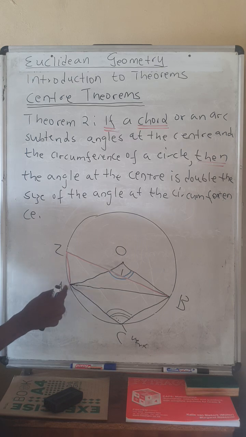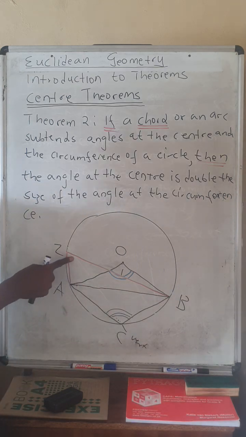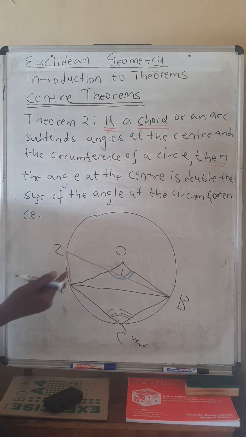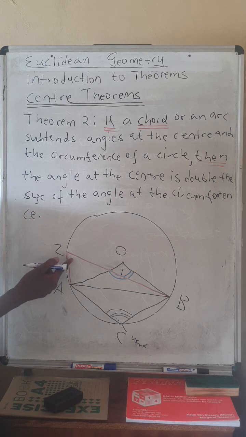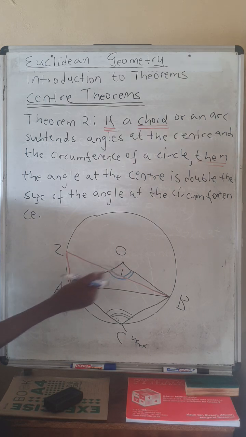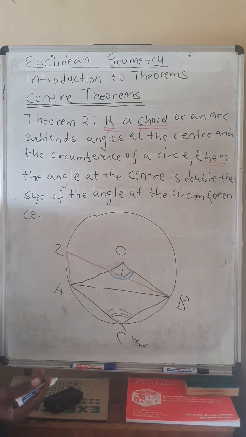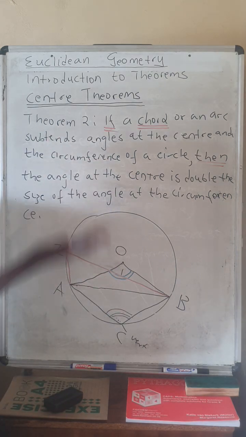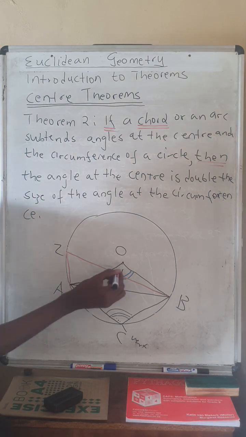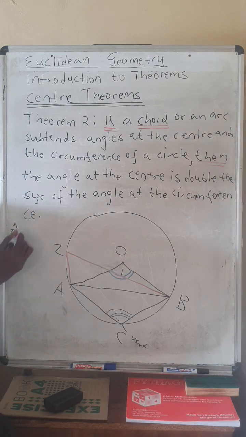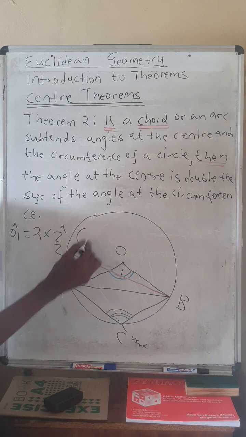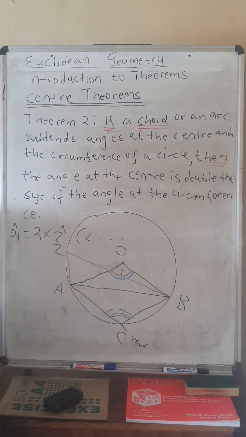The angle at the center is subtended by chord AB, and the same chord AB also subtends angle Z. So in this case, angle Z and angle O1 are being subtended by the same chord at the same side of the chord. They are both above the chord. So in this case, you can say angle O1 is 2 times angle Z. Then you give that reason: angle at center, 2 times angle at the circumference.